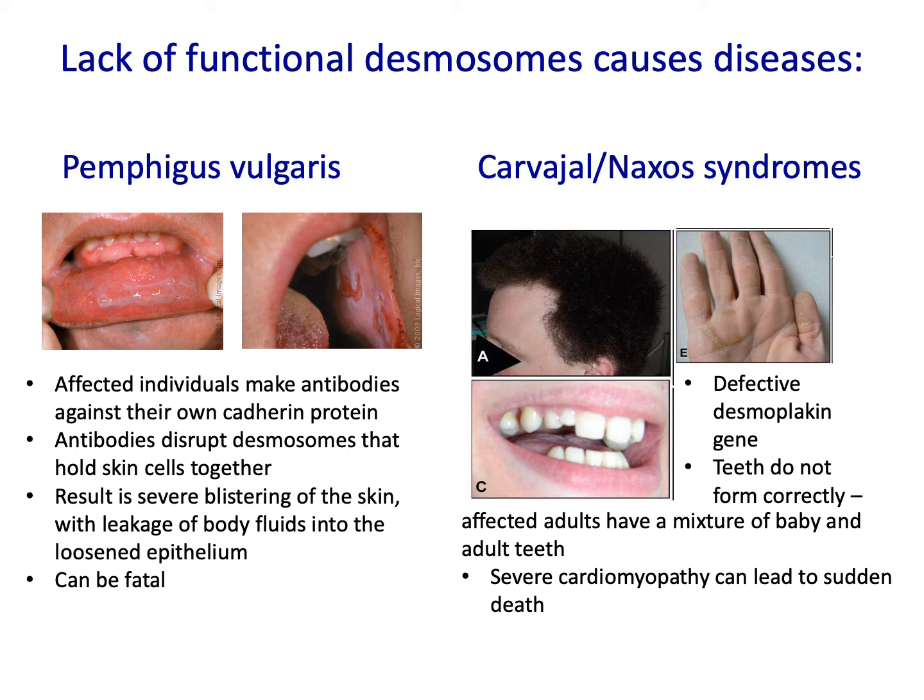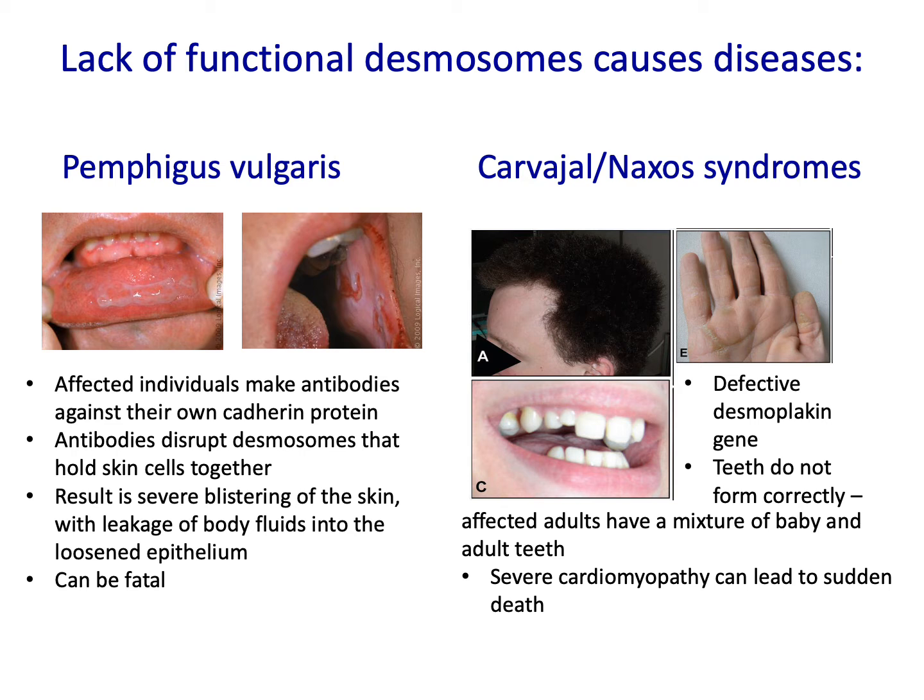Affected individuals have painful blisters that are slow to heal on the gingival and buccal surfaces within the mouth. You can also have, in severe cases, severe blistering of the skin with leakage of body fluids, and these severe cases can be fatal in 5 to 15% of affected individuals.